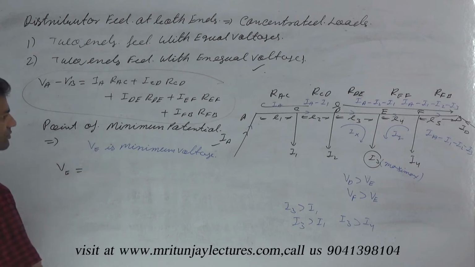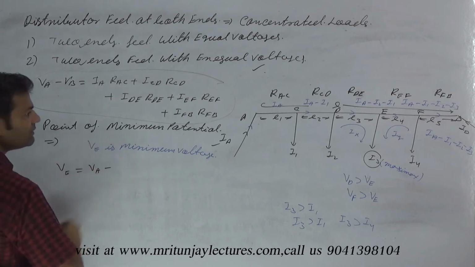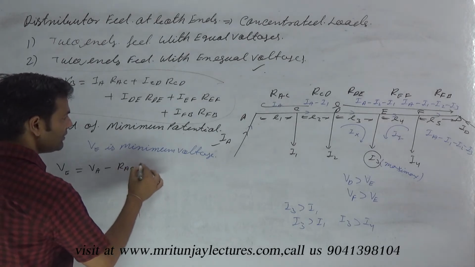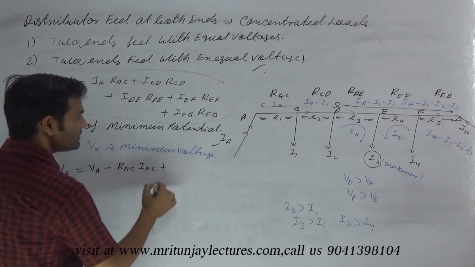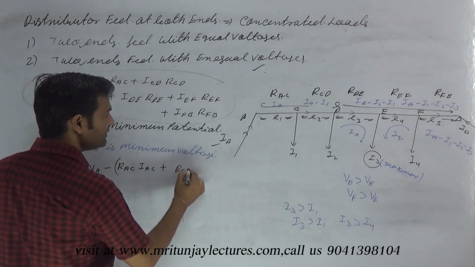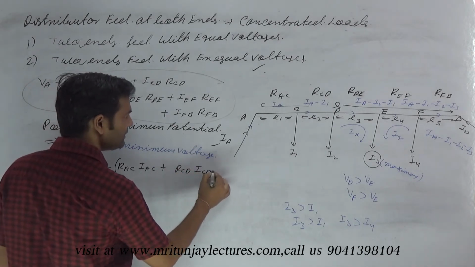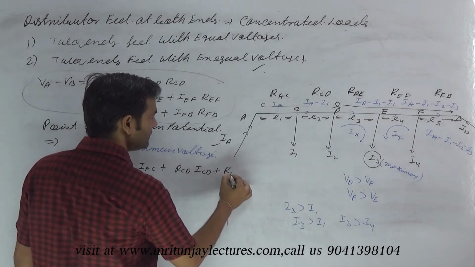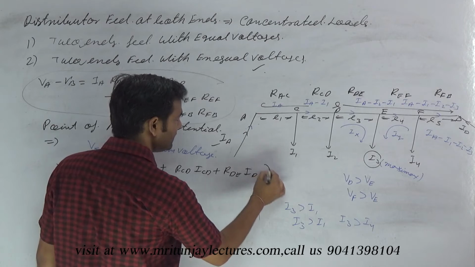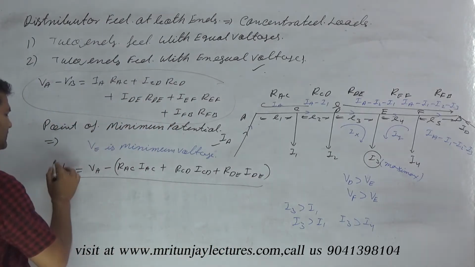VE is equal to VA minus R of AC into I of AC plus R of CD into I of CD and R of DE into I of DE. With this formula we get VE minimum.